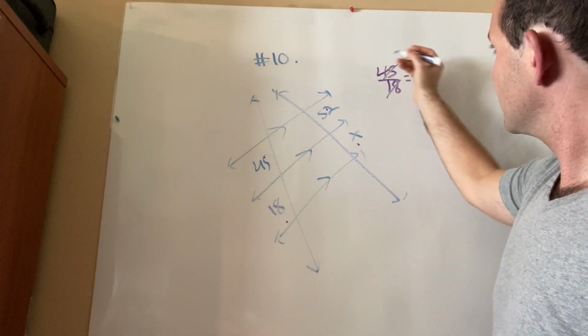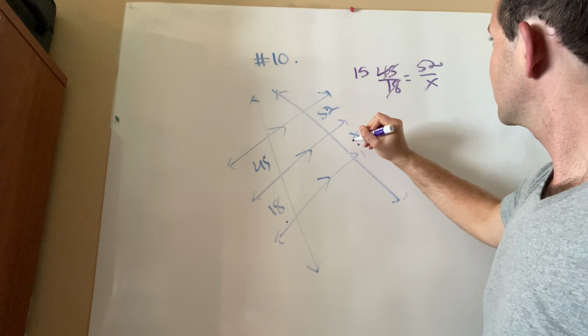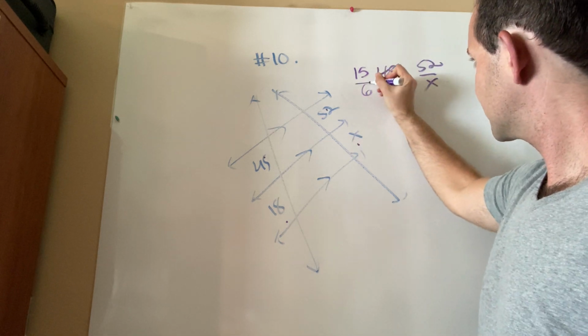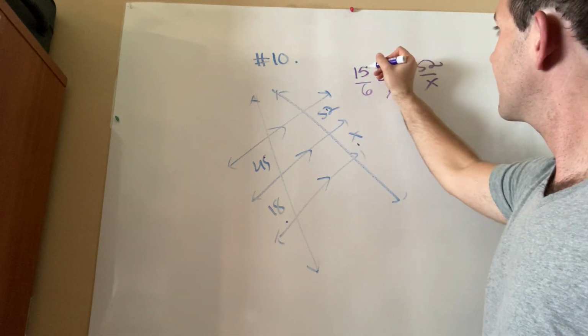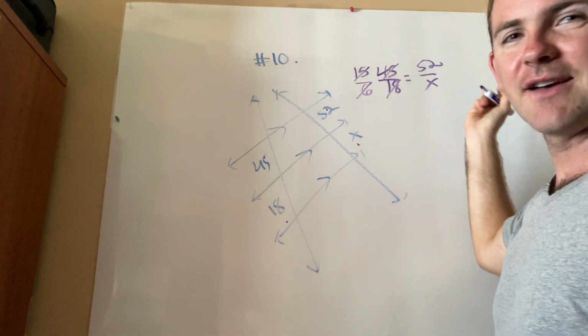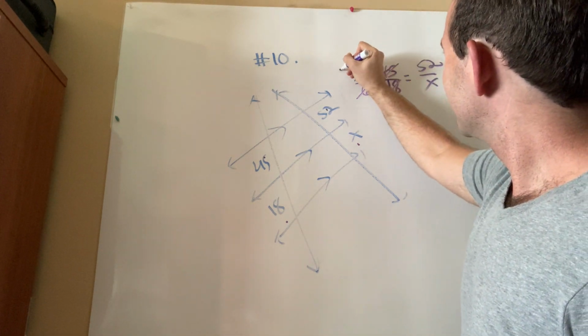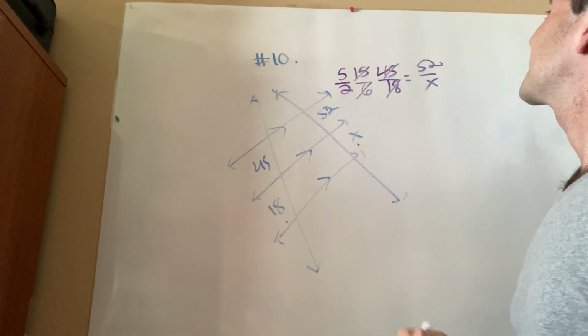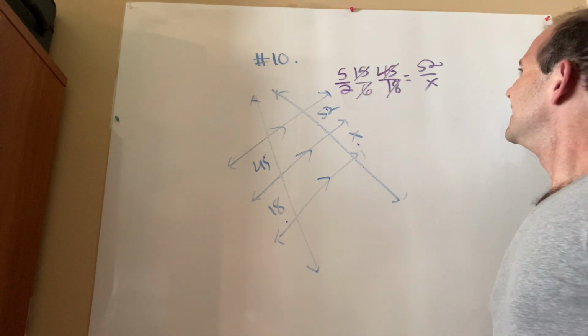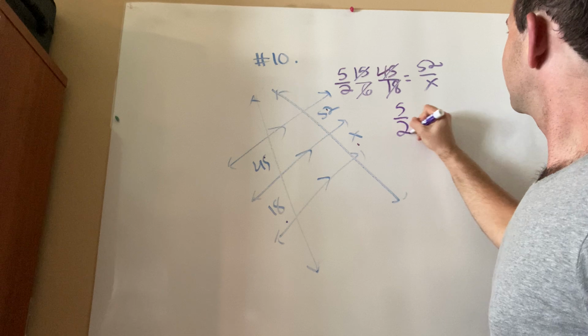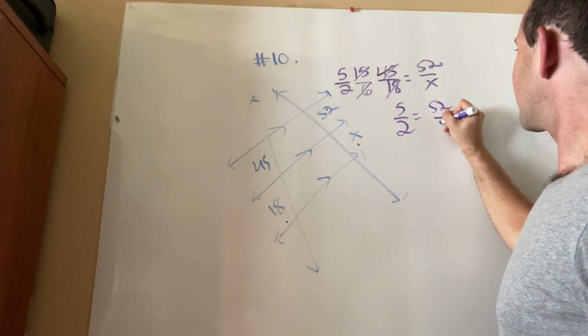There's a GCF of 3 that goes in here, so I'm going to turn that into 15, and I'm going to turn that into a 6. But it turns out that actually wasn't the GCF. The GCF is actually 9. Sorry about that. So I do another GCF of 3, and I get 5 over 2. So my new equation actually is 5 over 2 equals 52 over x.